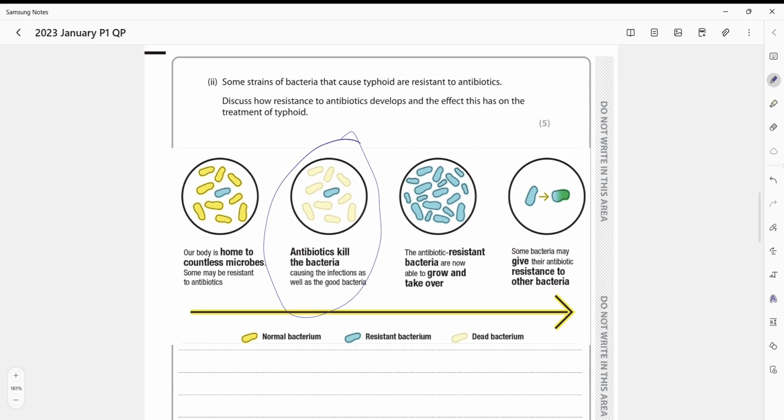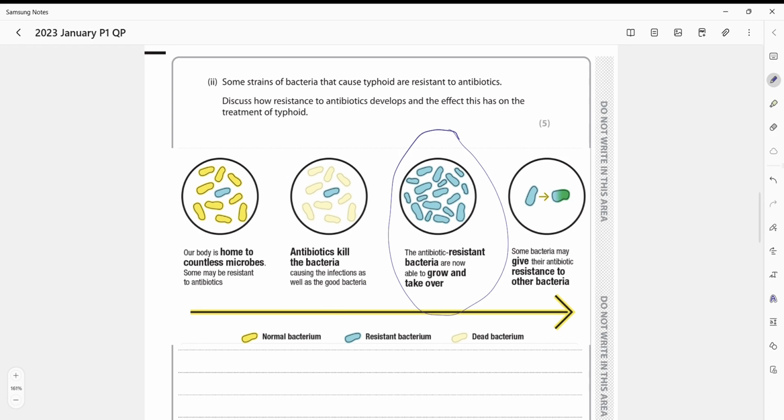And what happens now is that there's a lot more space for them to thrive. There's a lot more resources for them to live on now that most of the population is dead. So then they're able to thrive. They're able to grow in population.